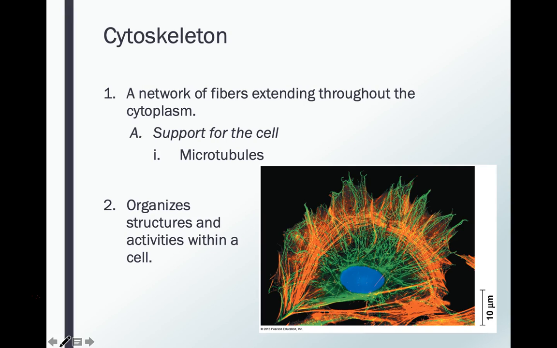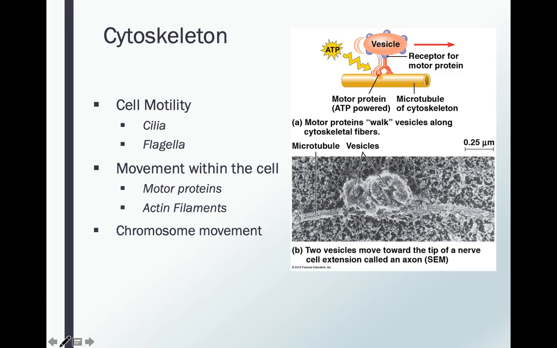So microtubules are the main part of the cytoskeleton. We also have microfilaments and intermediate filaments. The microtubules are the largest components of the cytoskeleton, and they're hollow rods. Another important function of the cytoskeleton is mobility, or motility.